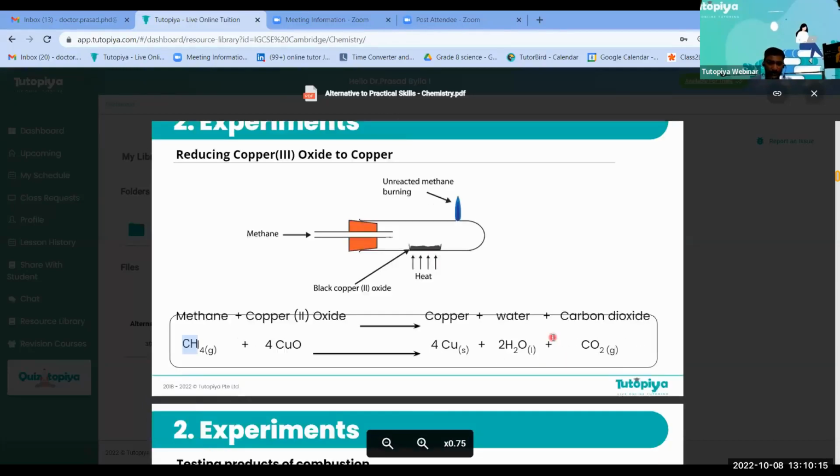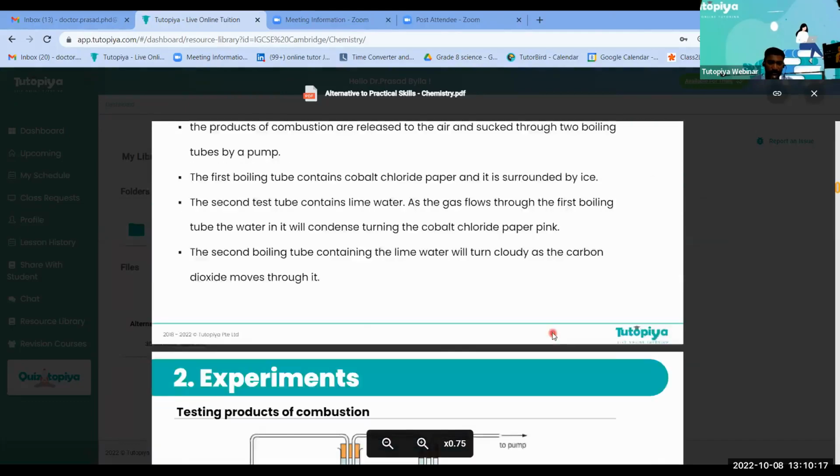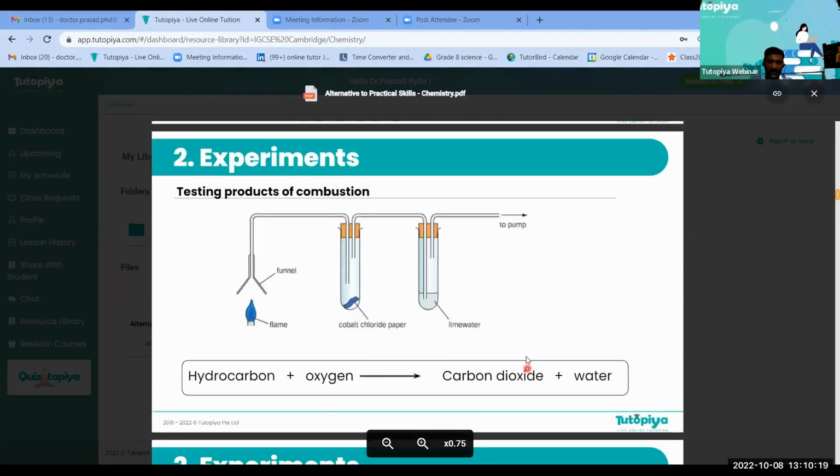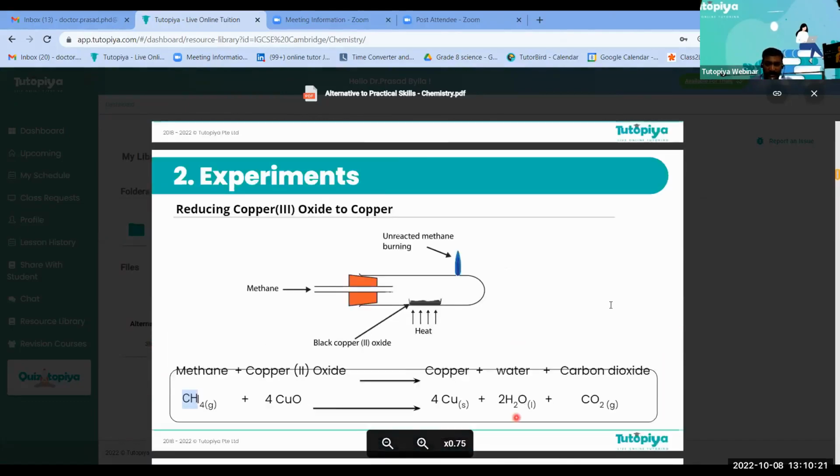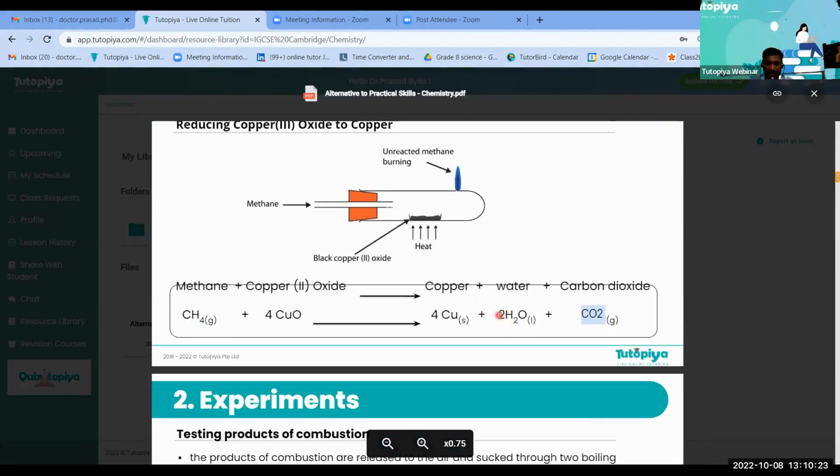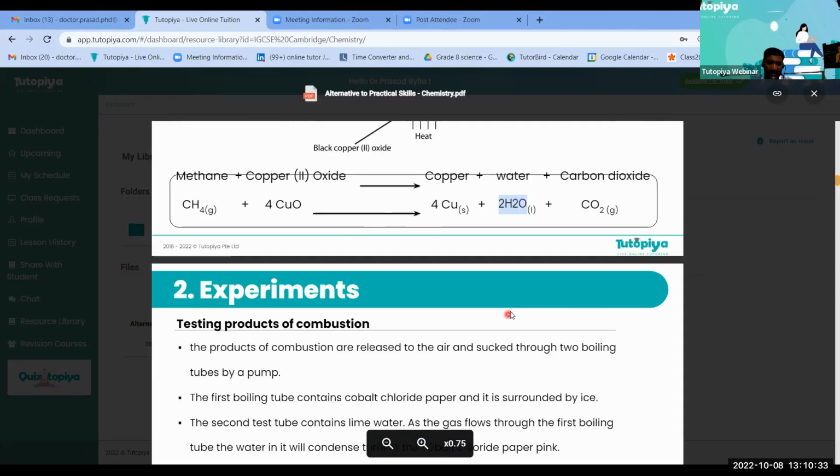How do you know? We will discuss that here. How do you know that carbon dioxide is produced and water vapor is produced? Carbon dioxide and water vapor both have no smell, no color, no taste. Then how do you identify? I'll tell you that test for carbon dioxide and water in the next activity.